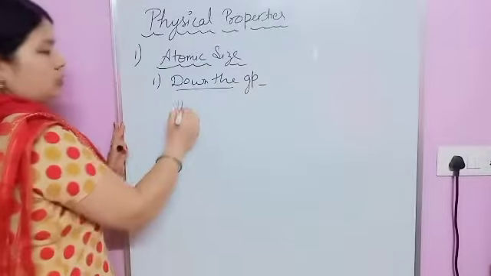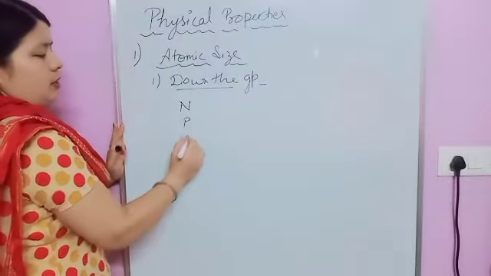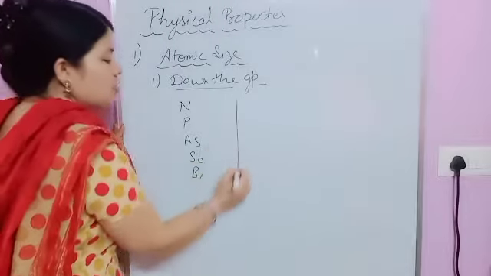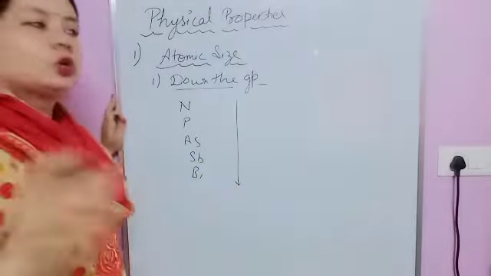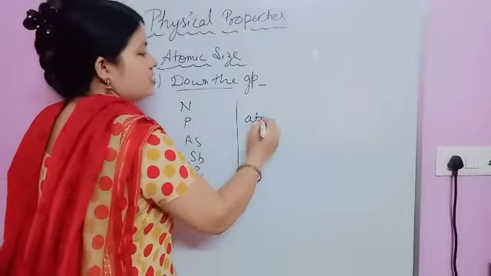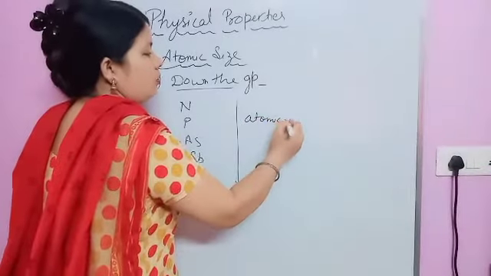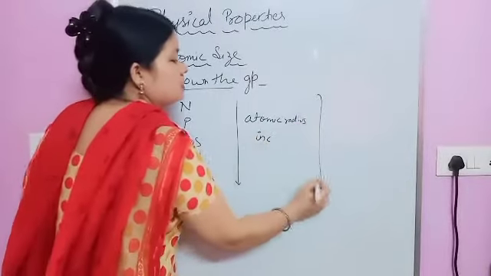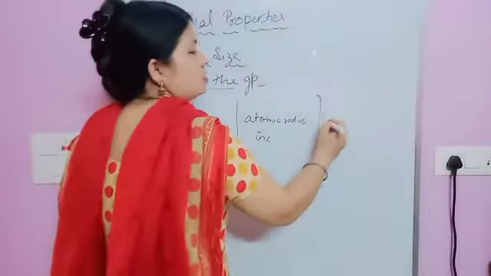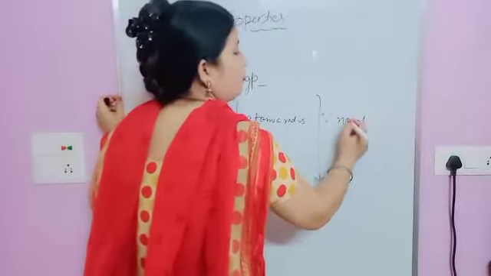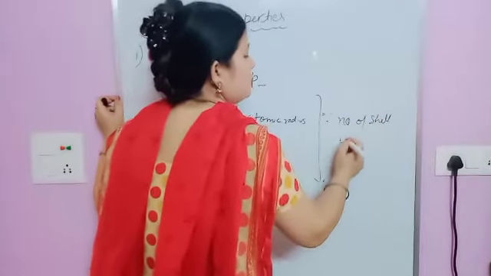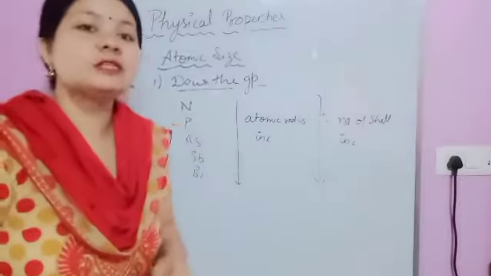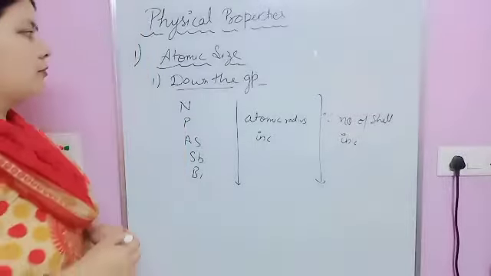As we move down the group, the atomic radius increases. Reason: because the number of shells increases as we move down the group. You know the electronic configuration.